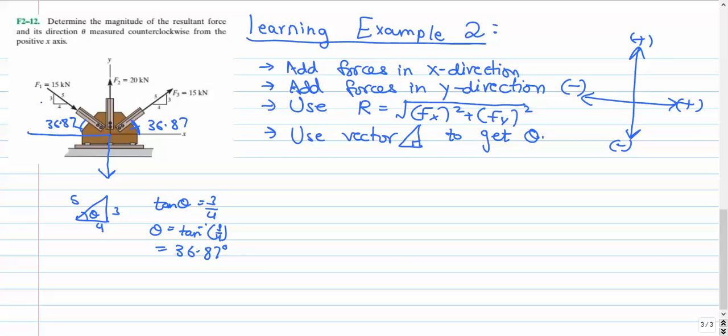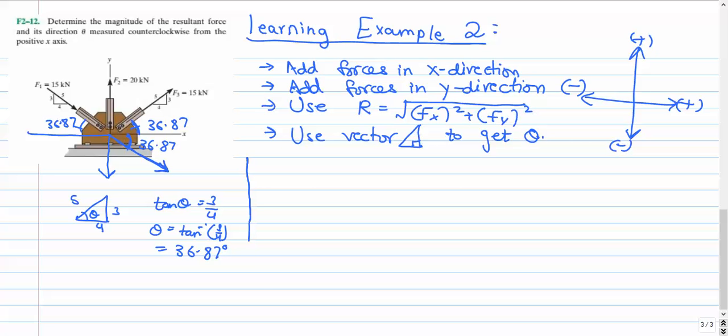Also notice that the direction of the force F1 is towards the 4th quadrant. So we can draw this vector in the 4th quadrant like this. And we know the angle that it makes with the x-axis, which is 36.87.